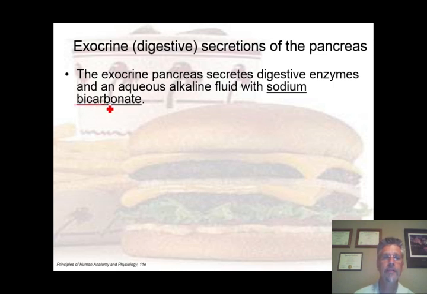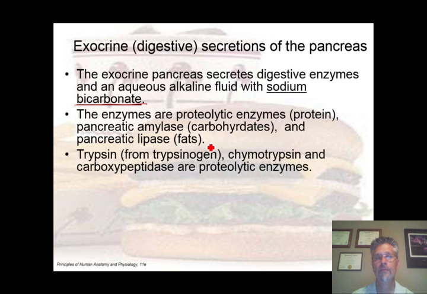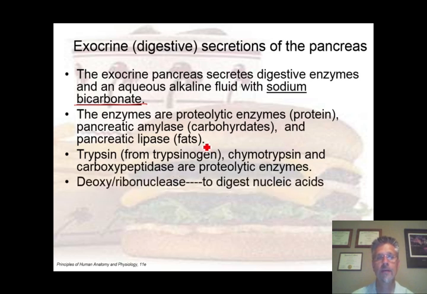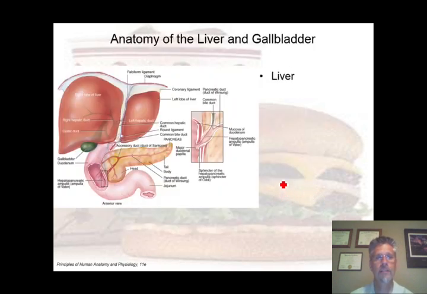Additionally, it puts out sodium bicarbonate to help neutralize the acidic chyme that's coming down from the stomach with all that hydrochloric acid. So again, we have protein enzymes, we've got carbohydrate or starch enzymes, as well as lipid or fat enzymes. We even have some that digest nucleic acids as well. So pancreas does quite a lot.